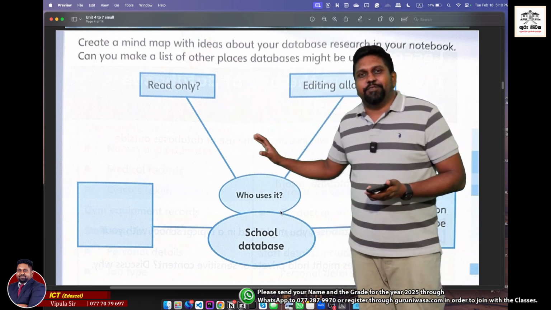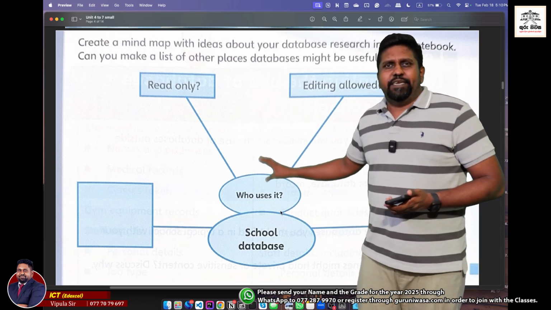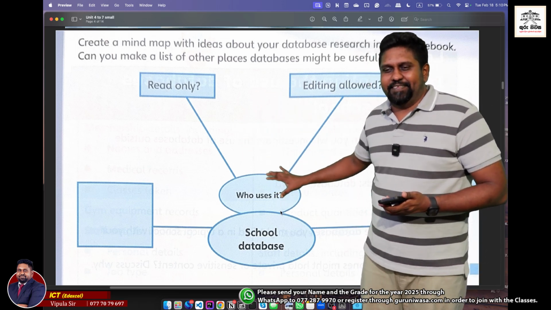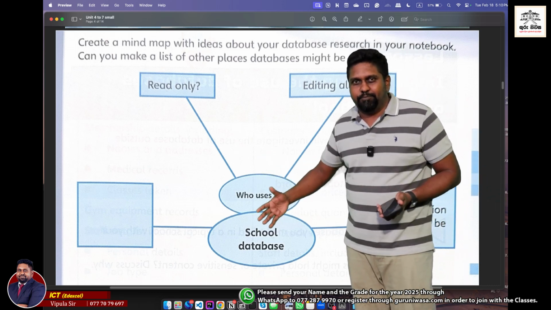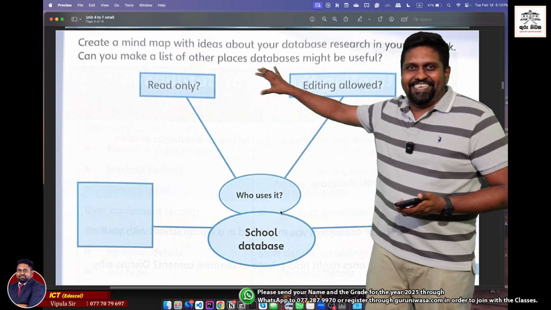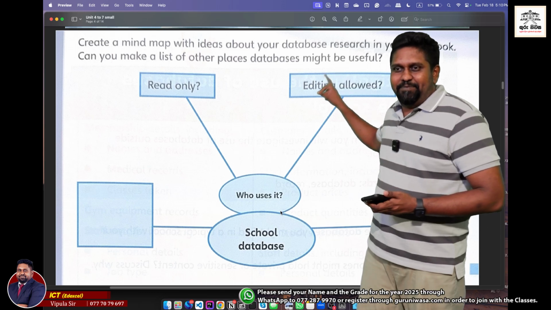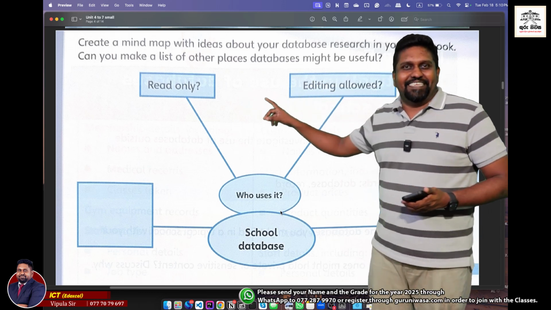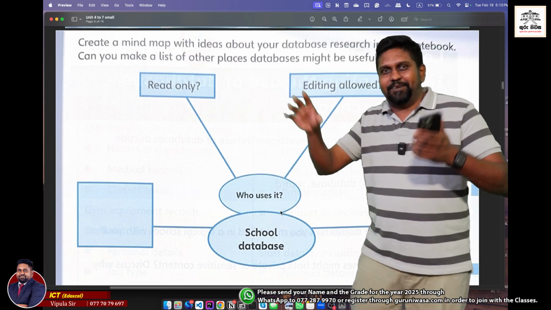Okay, so we normally take the mind map as a tree. So this starts from the root, like from the root of a tree, and you go up. So this is going to be the root, and the root will have multiple different nodes, so that it would have multiple different leaves.